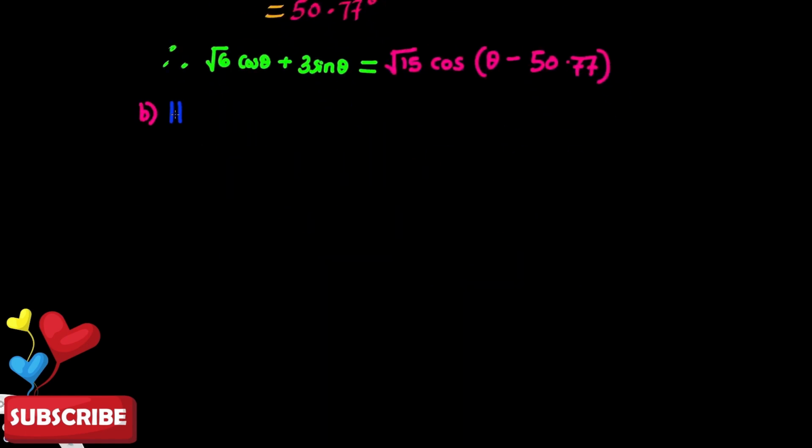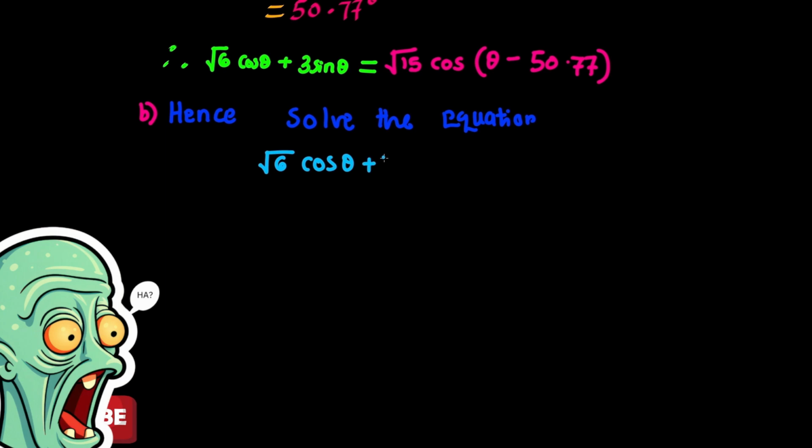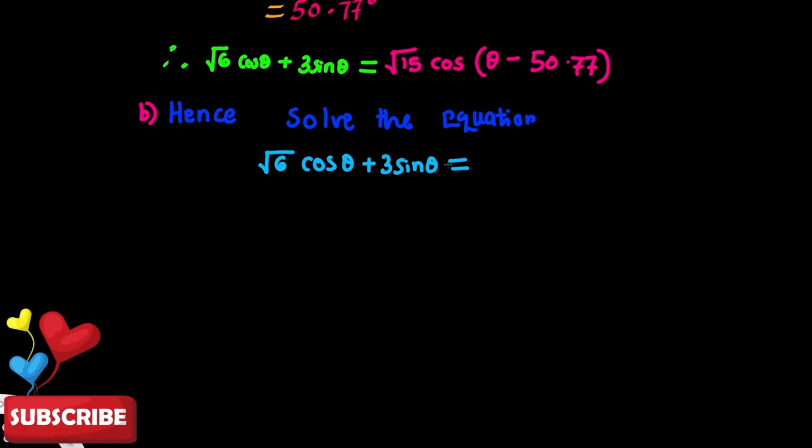There's part B here, hence you are supposed to use the part that you have obtained in order to solve this kind of an equation. So this is equivalent to root 6 cos of 1 over 3x plus 3 sine of 1 over 3x equals 2.5.